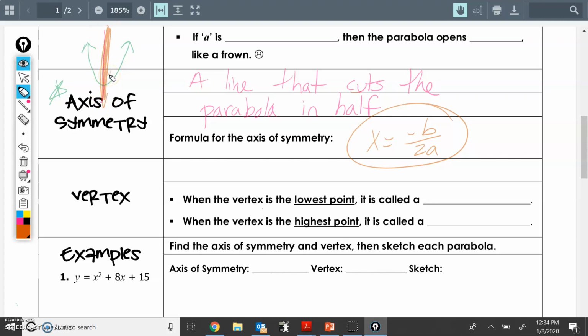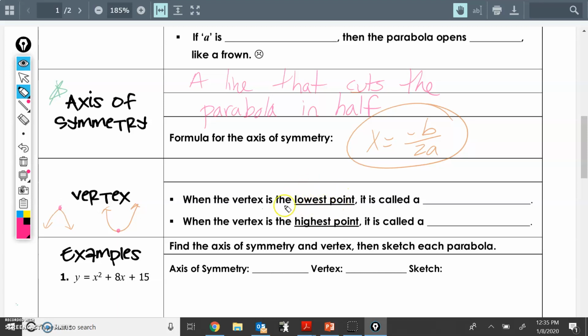The vertex of a parabola, this is the next vocab word, is the highest or lowest point. For example, in the first parabola I drew, it's going to be the lowest point. In the other parabola, it's the highest point. It's where the parabola starts its turn, if you would say.